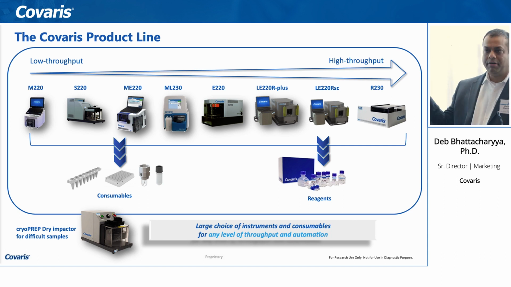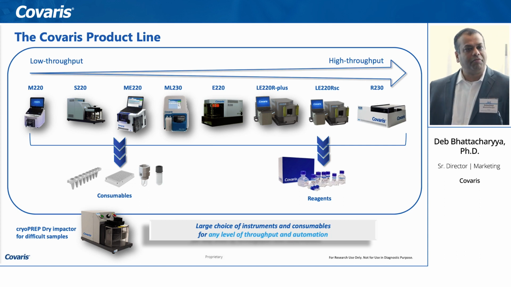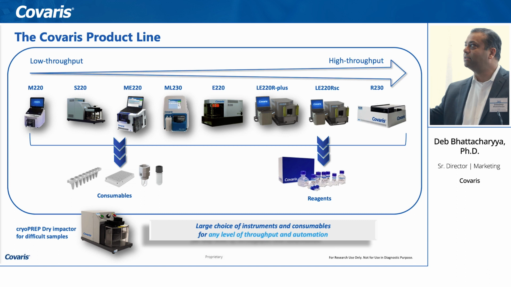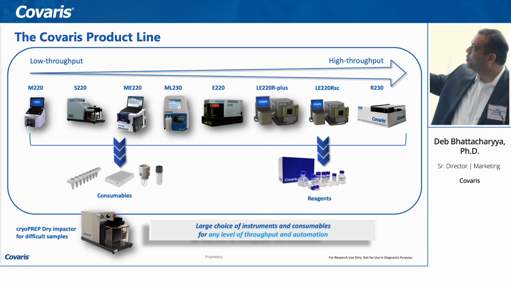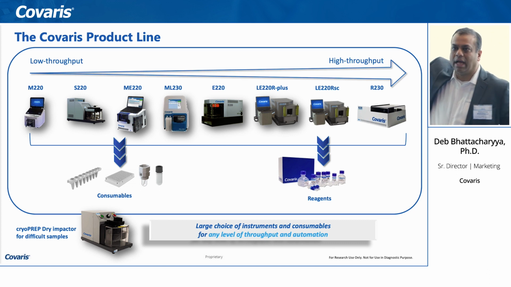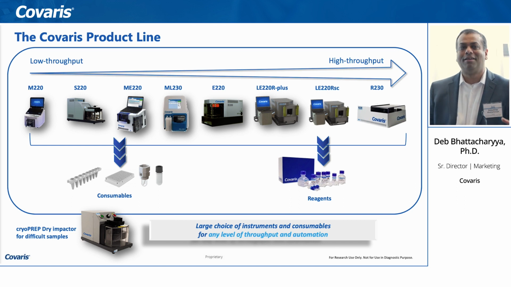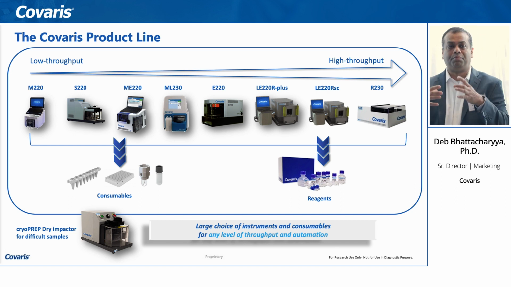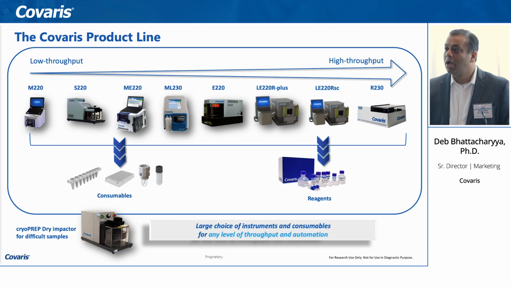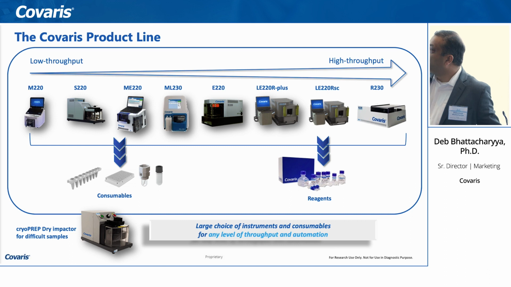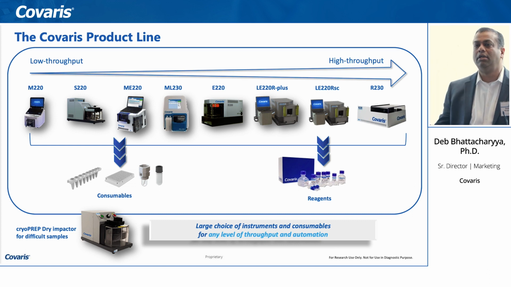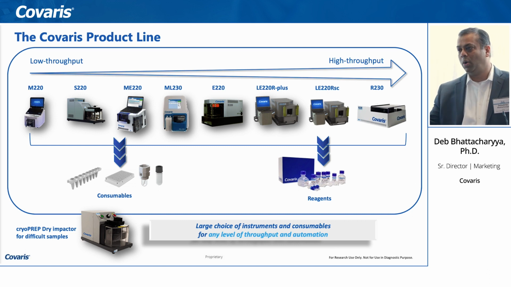And here is the total lineup of the instruments. For most practical purposes, I prefer focusing on the last two on this screen, which can take a 96 well plate, or potentially hold a 384 plate. Also, they can take 8 strip tubes, and both have the ability to work with the holistic, comprehensive protein workflow.